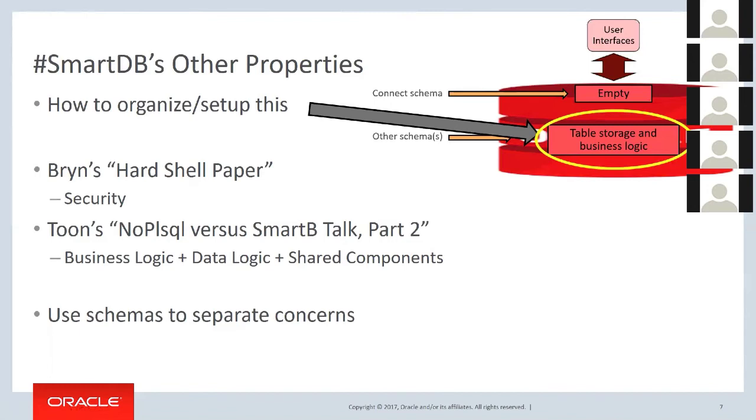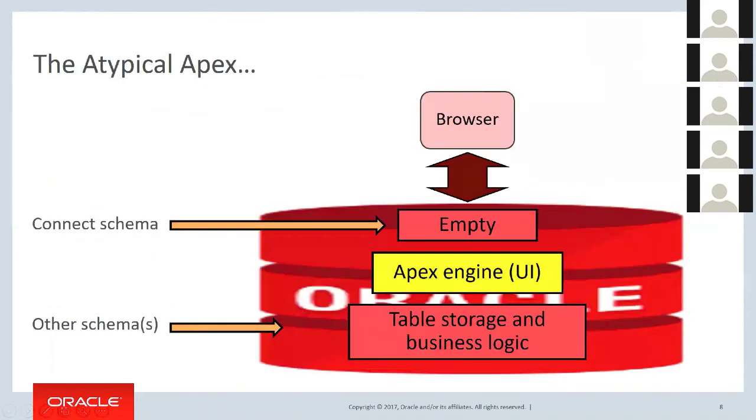Yeah. Now, notice that I've always been talking about the other technologies outside the database, and a main technology that you always have when you build these OLTP applications is the technology that you use to create the user interfaces with. Now, let's move on to Apex, because Apex always comes into this discussion.